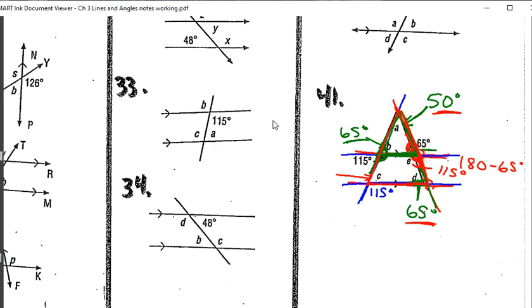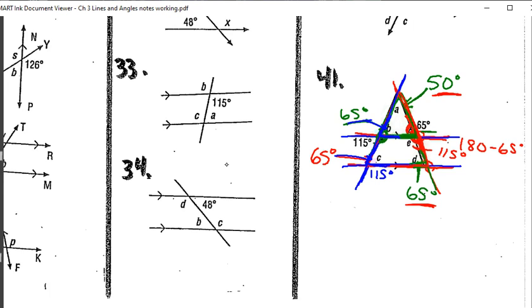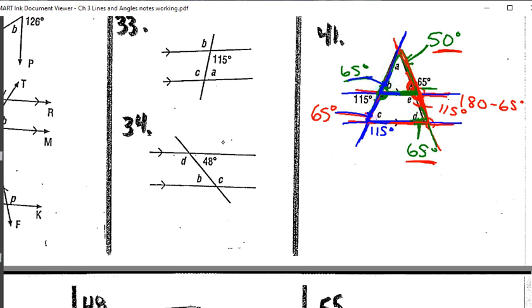Well, 50 and 65 is 115. 115 leaves us with C, which is 65 degrees. But that makes sense as well because there's my transversal. The top right angle, which is 65, matches up with the top right angle, which is also 65. All kinds of ways to look at this, but you need to practice to see how it all comes together.